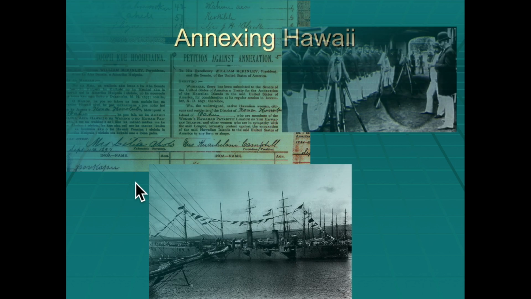However, there was initially a petition against the annexation, because the annexation would lead directly to statehood, but there was actually a great celebration when it did become a state. And the overthrow is a long story. So let's just get into the annexation part.